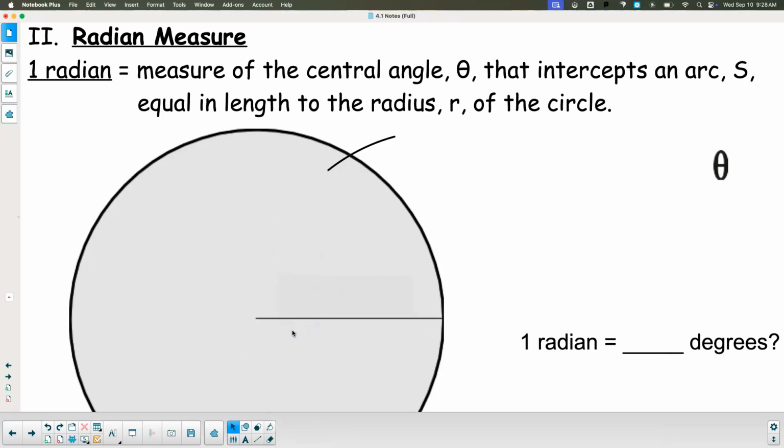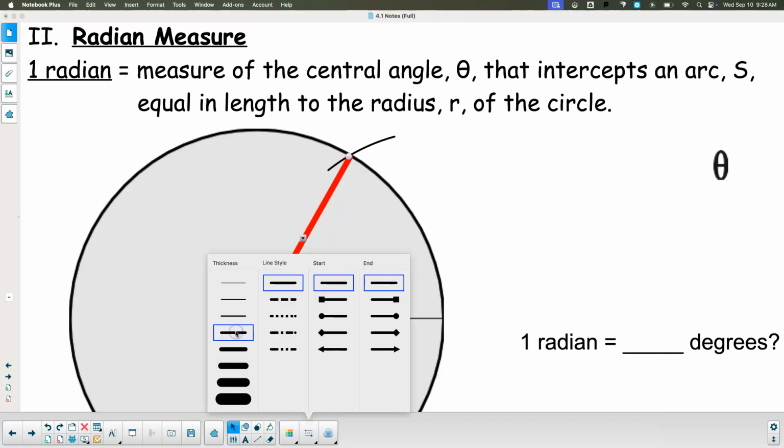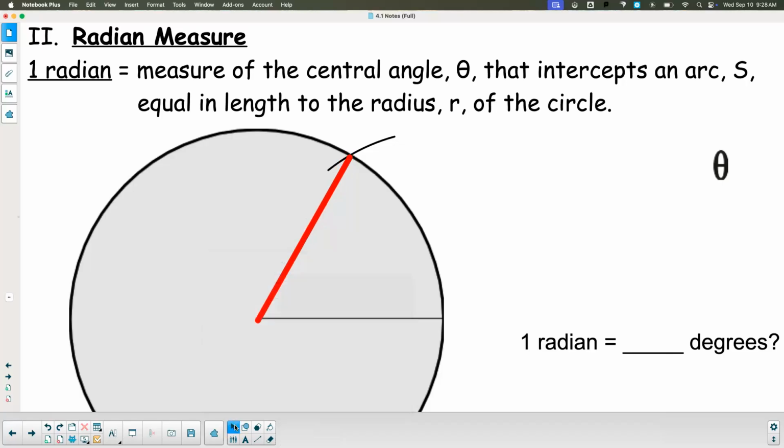so that this angle here, that one's way too big. Bring that down a little bit. There we go. I like that better. Okay? So that this angle here is 1 radian.